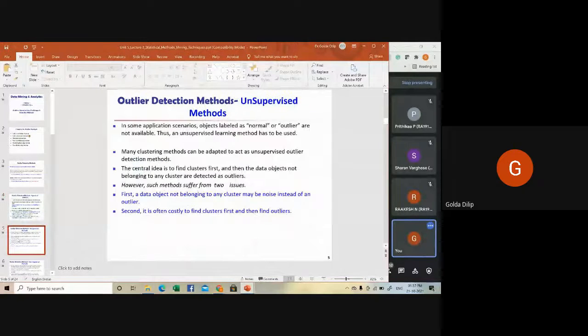Then the second one is the unsupervised method. When you say unsupervised method, as with whatever you learned about clustering, no labels are presented for the data to train upon. The objects labeled as normal or outlier are not available to you. I hope you remember I gave a Tom and Jerry picture and explained the difference between supervised and unsupervised learning.